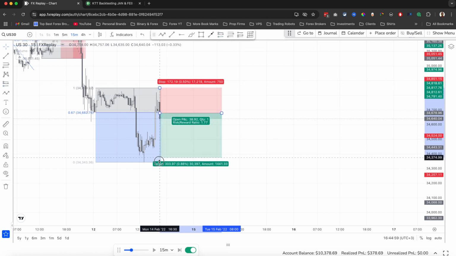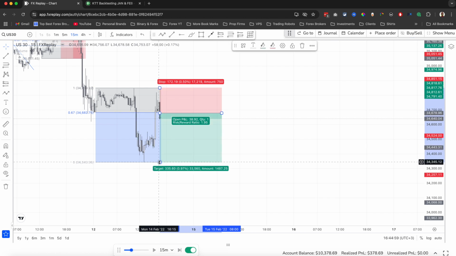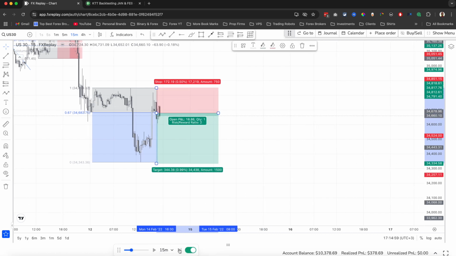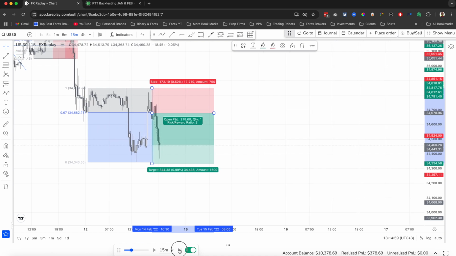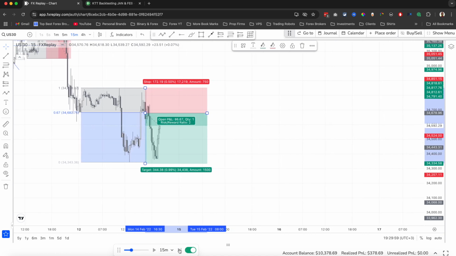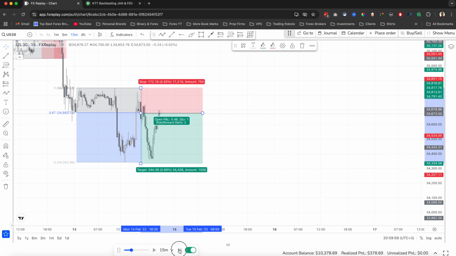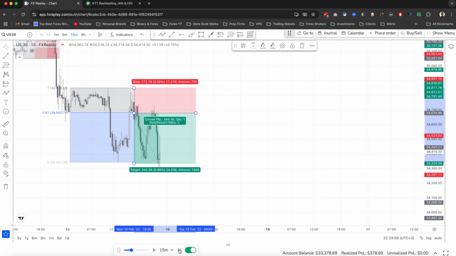We are now on a trade. So we're looking for 1:2 at least. That was a win.